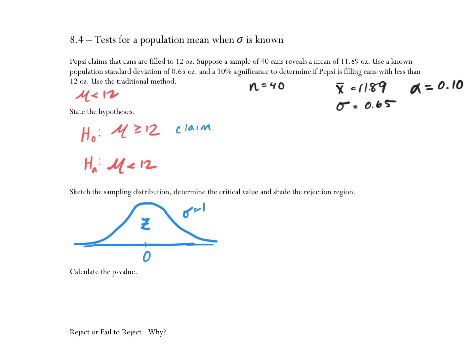A reminder that to decide our tail, we look at our alternative hypothesis. Our alternative hypothesis says is less than, so we're shading left. And what area do I shade? 10%, because my alpha, my significance level, is what I shade. How do I find my critical value?